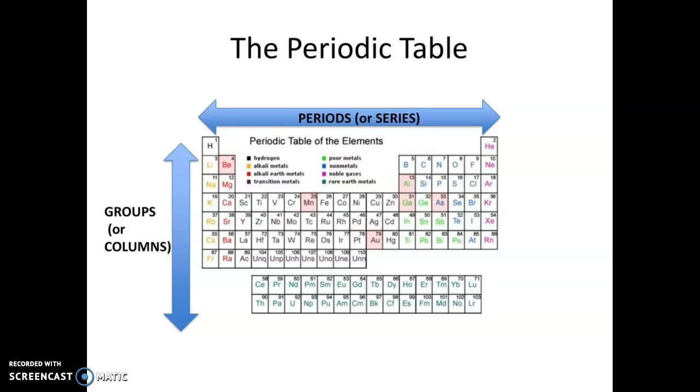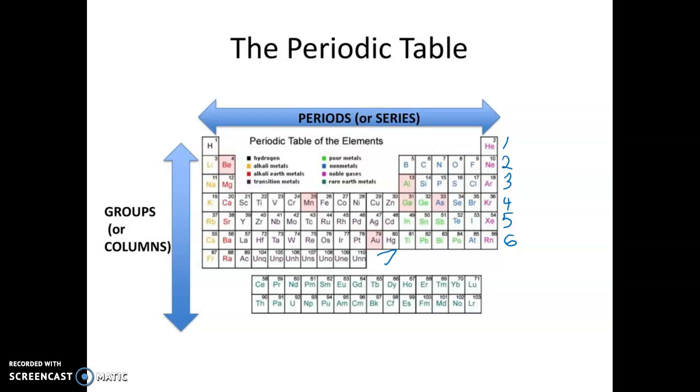Periods are going to be the horizontal rows that you see on the periodic table. All right, so periods will be pretty much going down from left to right, and you would have 1, 2, 3, 4, 5, 6, 7 total possible periods.